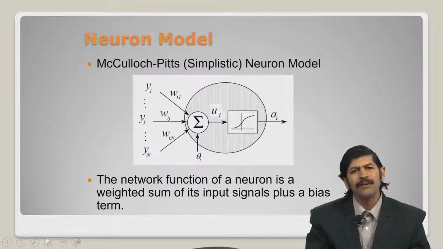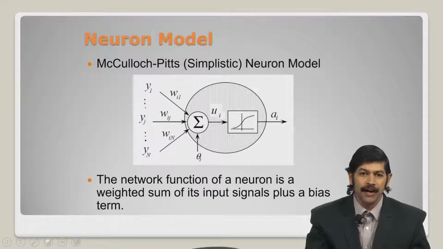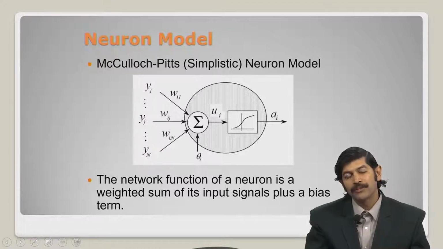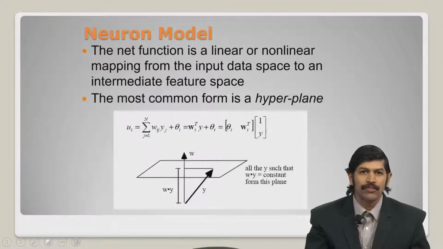A very simple, very primitive kind of a model, but a very effective way of representing an artificial neuron. How to build networks out of this, how to build problems, and how to create solutions for these problems, we are going to address all of that in this particular course.